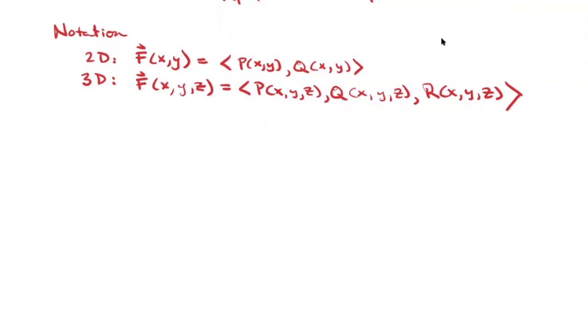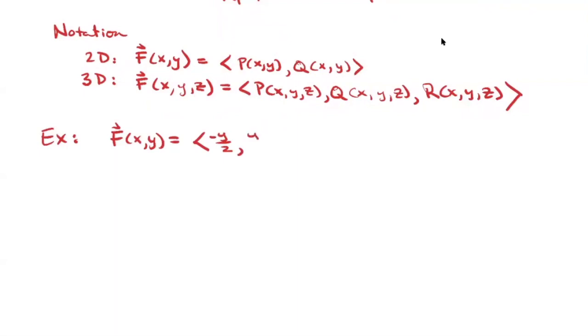Let's do a quick example, a simple one. Here I'm going to do F of x, y is a vector, negative y over 2, comma, x over 2.